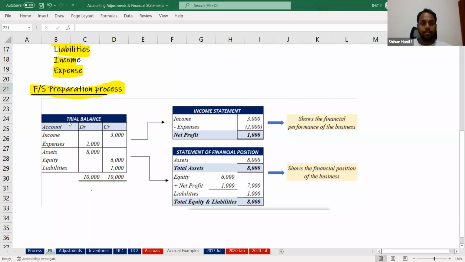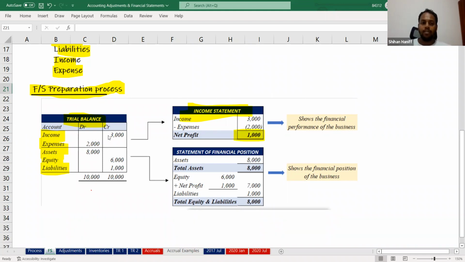We prepare the financial statements from the trial balance. As you all know, in the trial balance, we have income, expenses, assets, equity, liabilities. By taking the income and expenses, we prepare the income statement. Income minus expenses is called net profit.